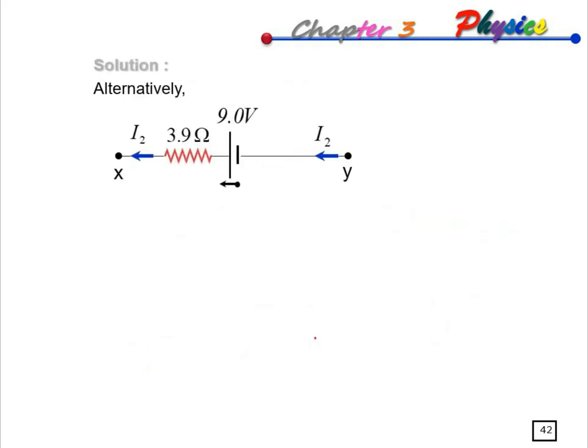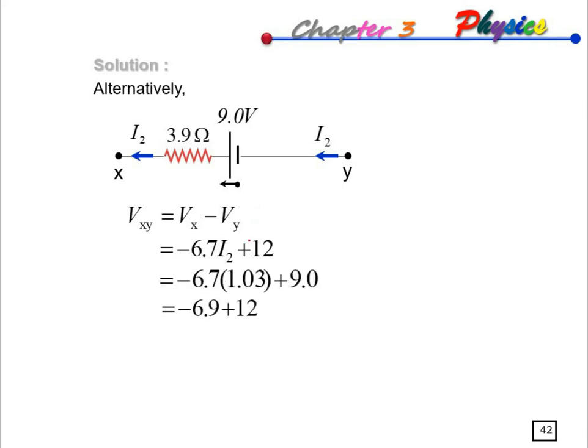Alternatively, we can calculate the value of Vxy by using this equation. Vxy equals Vx minus Vy also, but this time we use the relation of the 3.9 ohm resistor only. We have the equation here, and Vxy equals 2.1 volts.